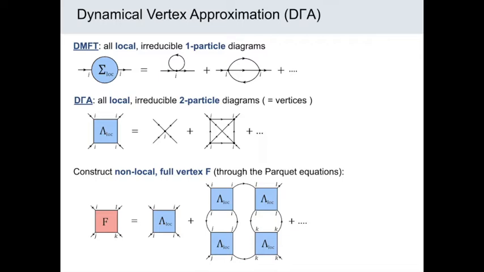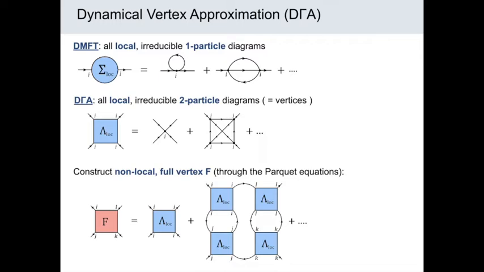As you can see here, for example, this quite complicated parquet diagram is formed of these blocks of local Λs, which are then connected by non-local one-particle Green's functions. And this building and resummation of all possible kinds of diagrams corresponds to solving the so-called parquet equations. This can be done, but it's numerically very involved, especially for multiple orbitals.